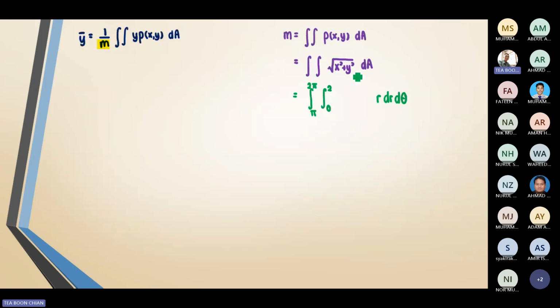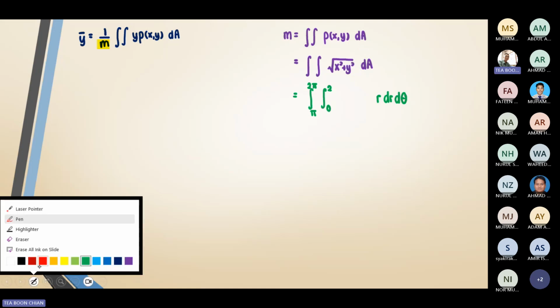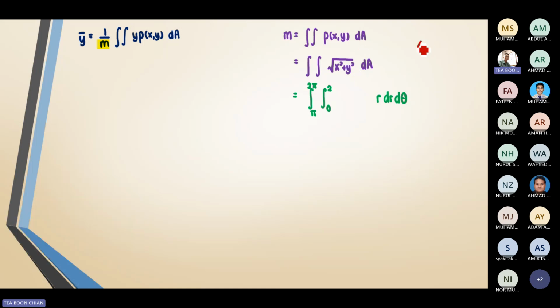So don't forget, the density function should also be polar transformed. Now, by the circle equation, x squared plus y squared is equal to r squared. Therefore, this part here can be transformed into square root of r squared. Right?